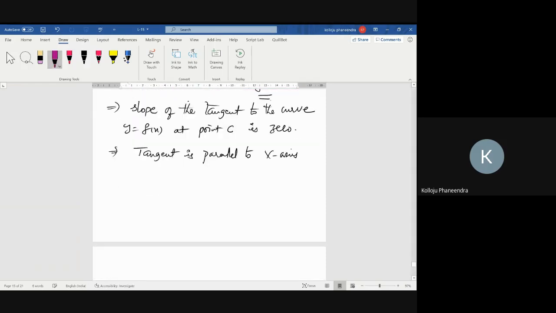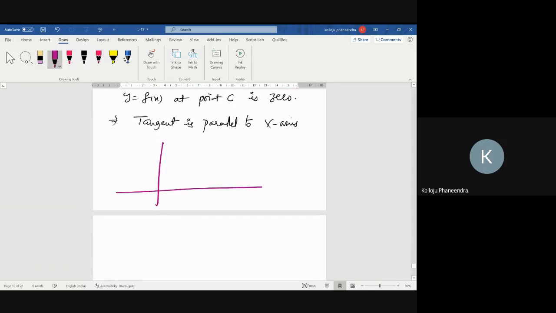Now the geometrical interpretation. If the question is to explain the geometrical interpretation of Rolle's theorem, then draw the graph AB. Something you try like this. This is the graph, A and B must be at the same level. And there is a point C in between A and B. The curve is continuous already.